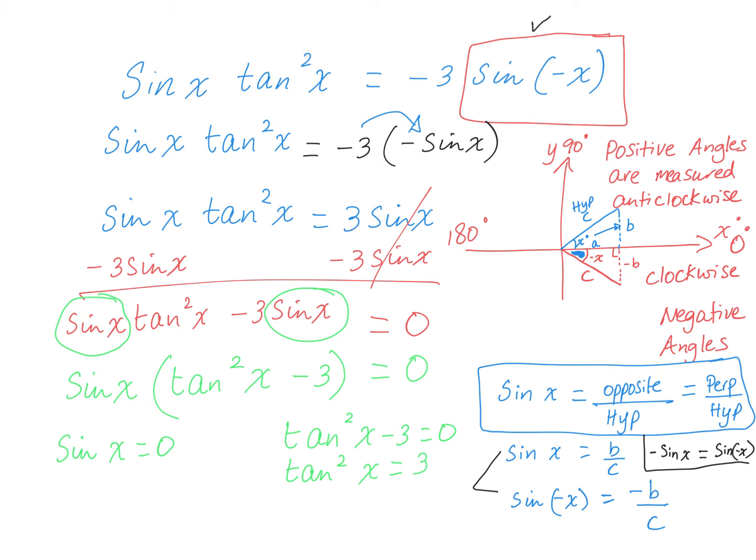If I take the inverse sine of 0, I would get these as my angles: 0, pi, 2 pi. It depends on what the range is for your angles. If your angles are described between 0 and 2 pi, then you would get 0, pi, and 2 pi for the first part.